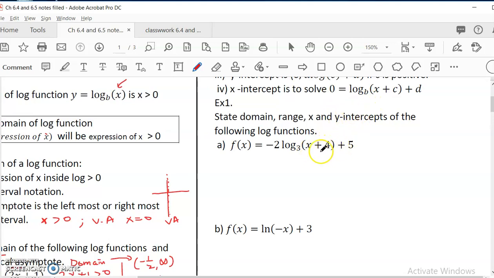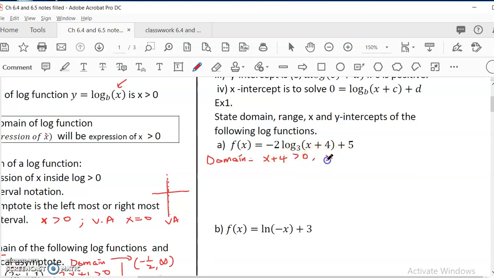We have f of x equals negative 2 log base 3 of x plus 4, plus 5. First, we have to find the domain, range, and x and y intercepts. I don't think we need to do the range; the range is just all real numbers, negative infinity to infinity. The domain is where x plus 4, the inside, is greater than 0.